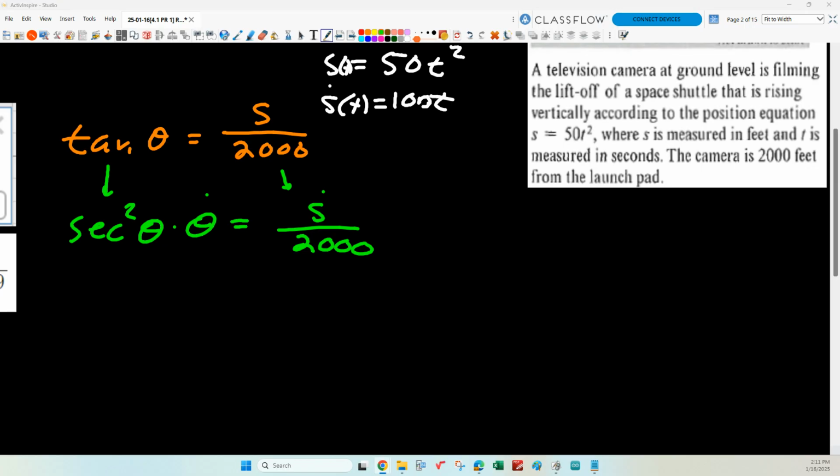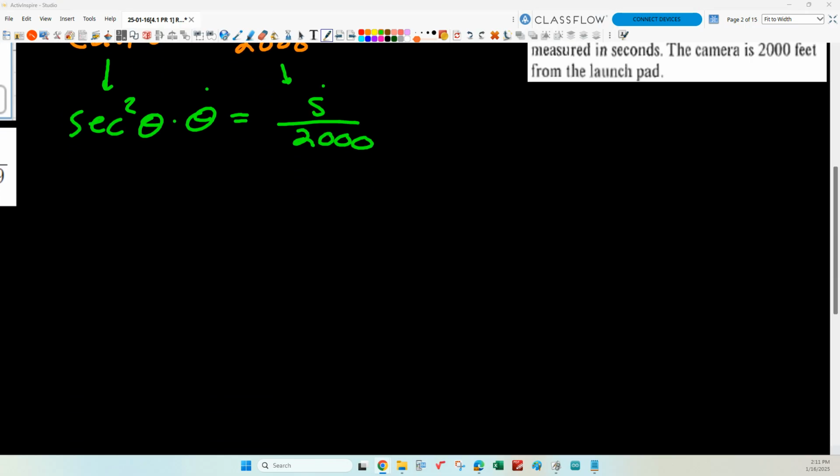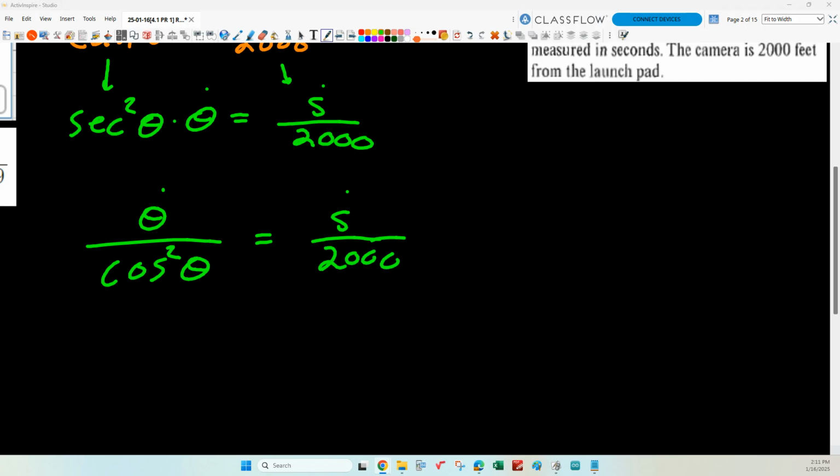So what do I do? Isolate theta dot. So what does that mean I need to do to get theta dot by itself? Okay, but secant squared is really just, in terms of sines and cosines, what? So we could even rewrite this as theta dot over cosine squared theta equals S dot over 2,000, right?